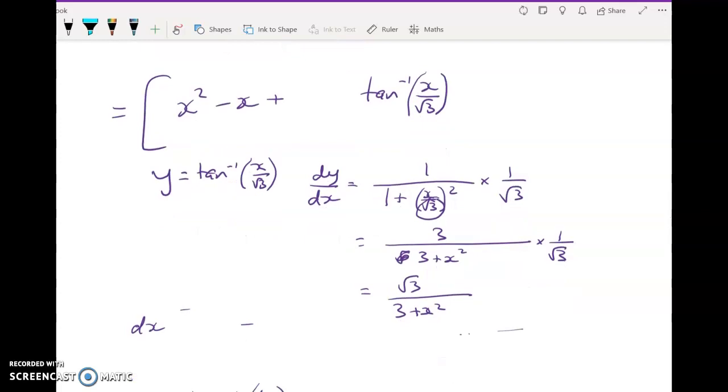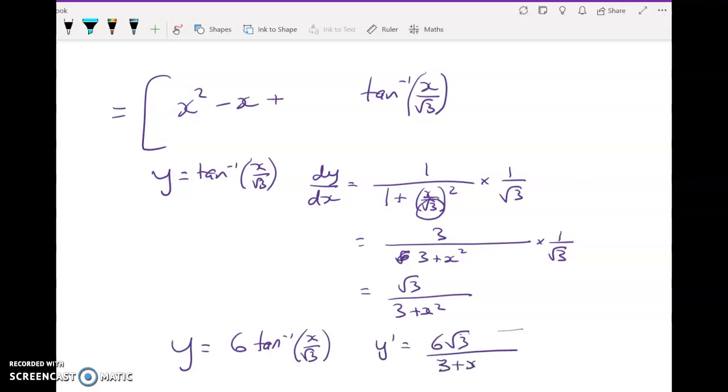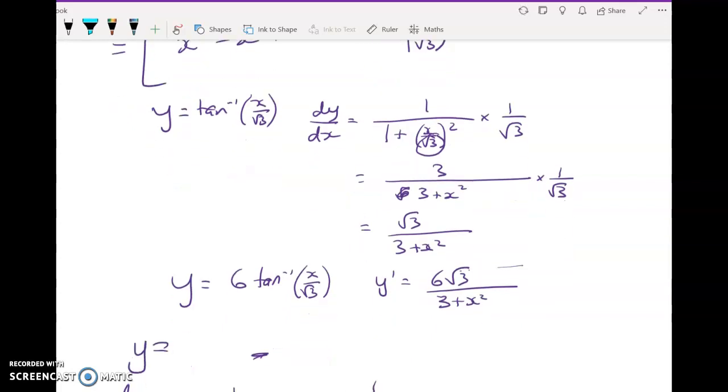So if we want to have no root 3, let's just look at what we've got to do with the constant for our y. If y is equal to 6 tan inverse of x over root 3, then y dash will be 6 root 3 over 3 plus x squared. So we don't want that. So we can adjust it again. If we have y equals 6 over root 3, then y dash will be, that will all be undone.